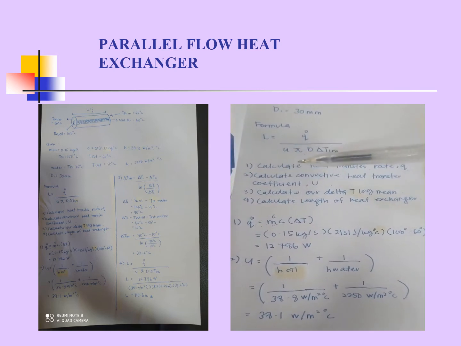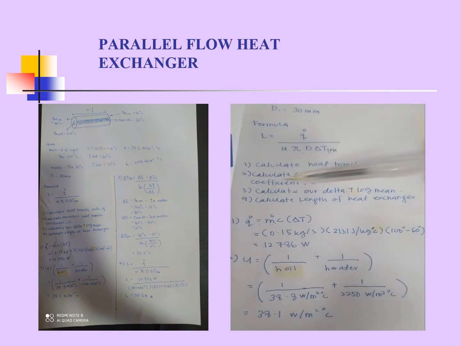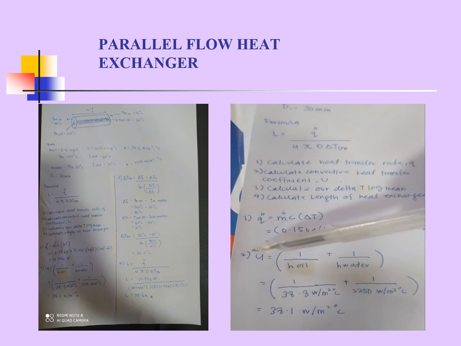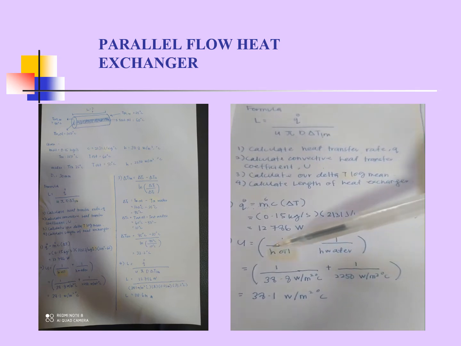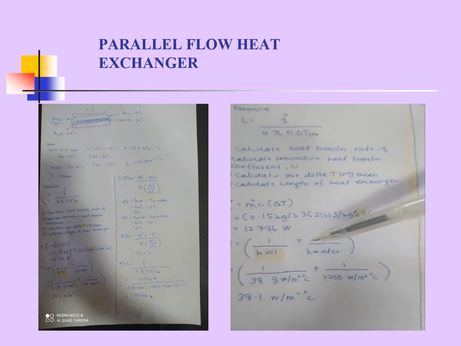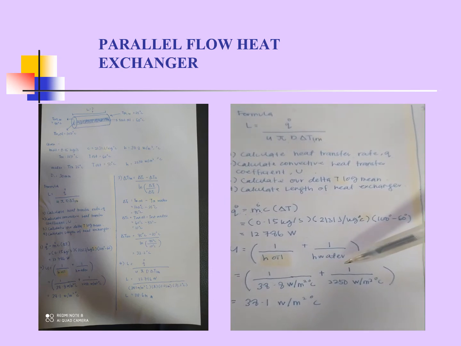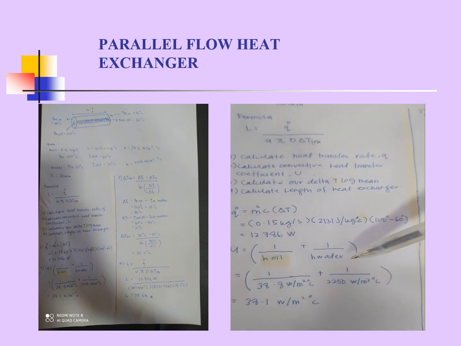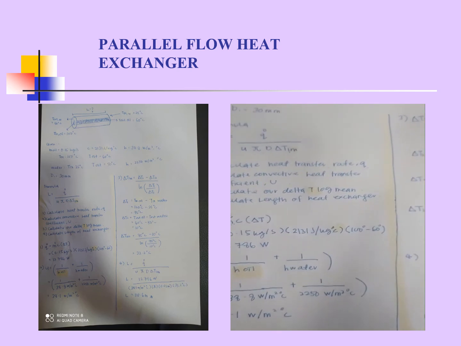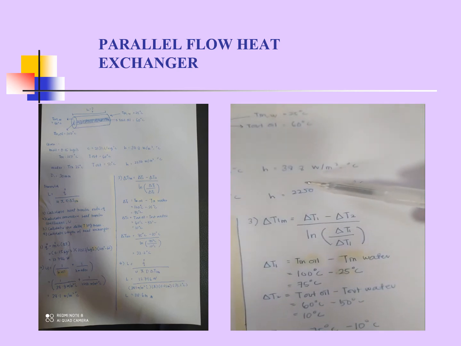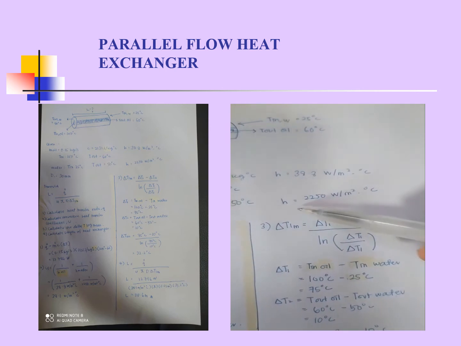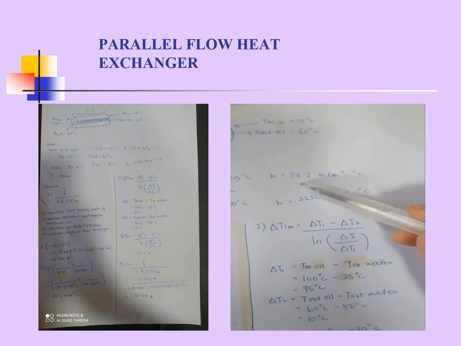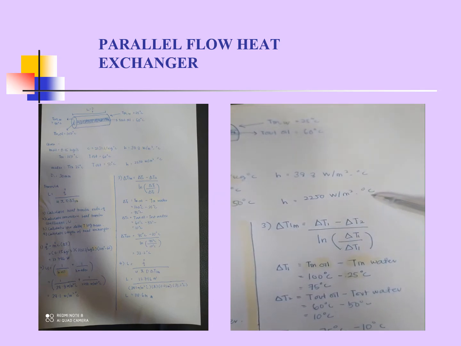Number 2 is calculate the convective heat transfer coefficient for U. The formula is 1 divided by h oil plus 1 divided by h water. So we go to the question and we can find the answer for h oil and h water. This is for h oil and this is for h water.